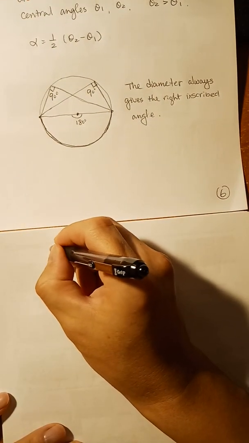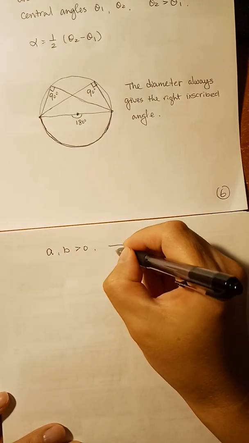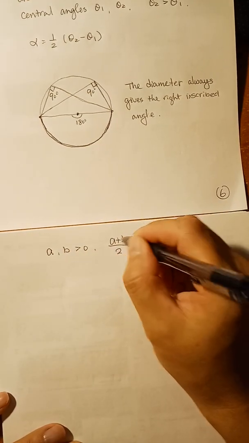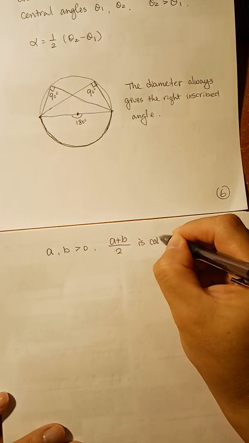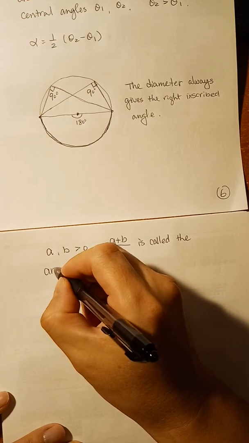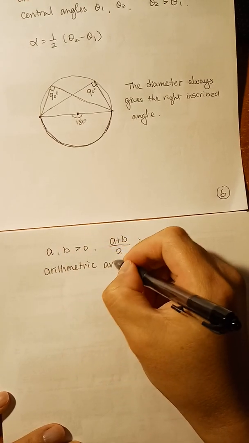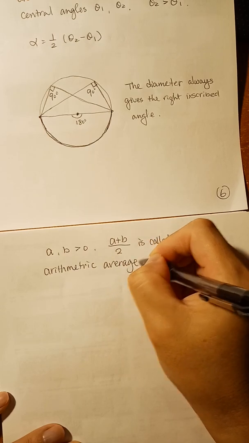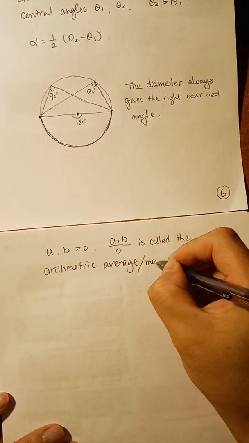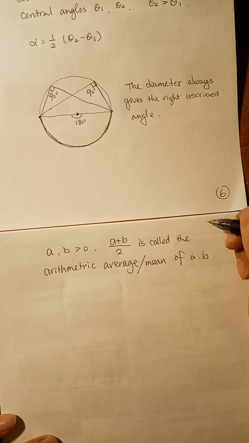When you have two positive numbers, a and b, then a plus b divided by 2 is called the arithmetic average, or arithmetic mean, of a and b.